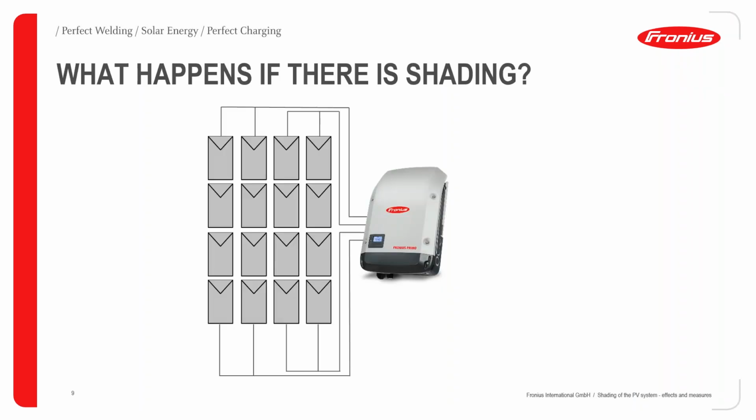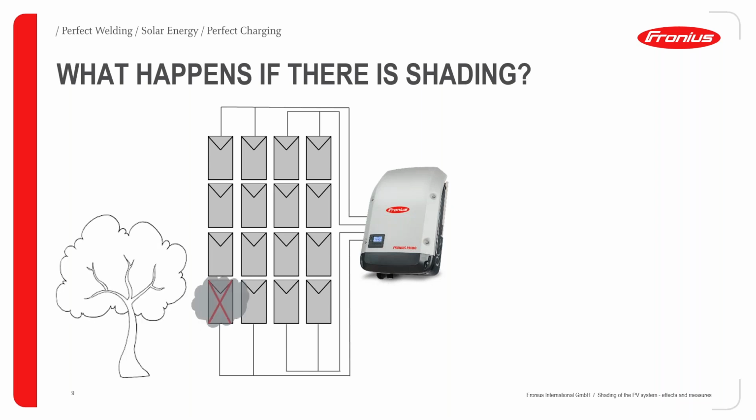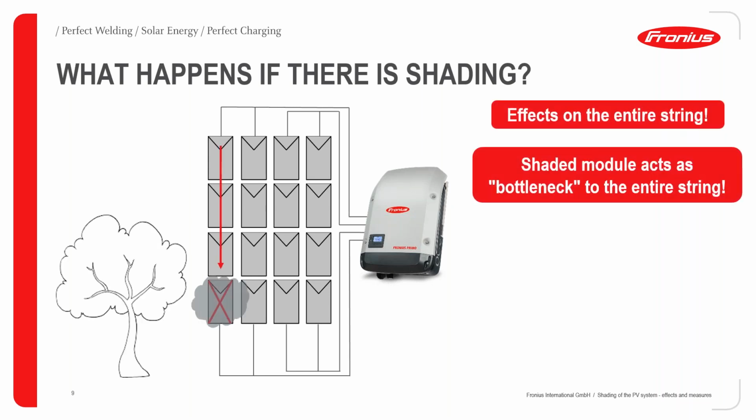So, in order to give us an in-depth view of what happens during shading, we have this representation of strings of modules connected to a string inverter. Let's say in this case, we have a shadow being cast on a particular module.